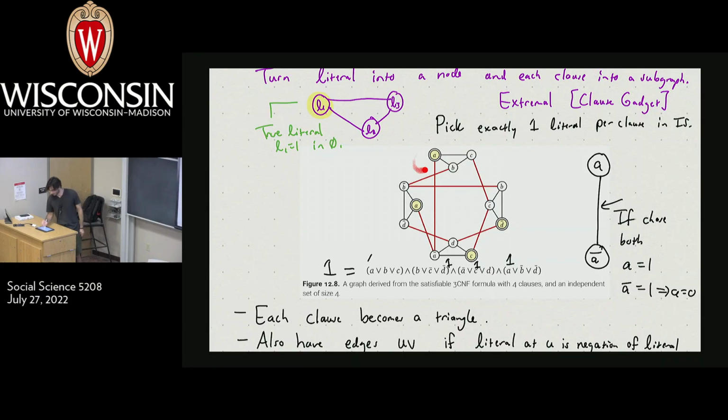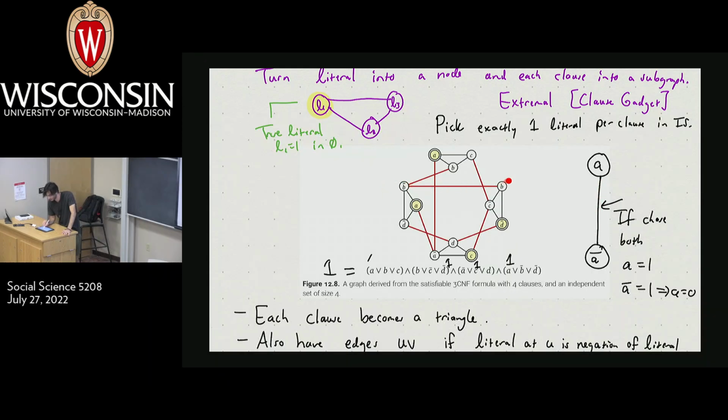No, so these are 2 different nodes. Yeah, it's just the literal that corresponds to them is the same. The red lines represent the edges between the negations.